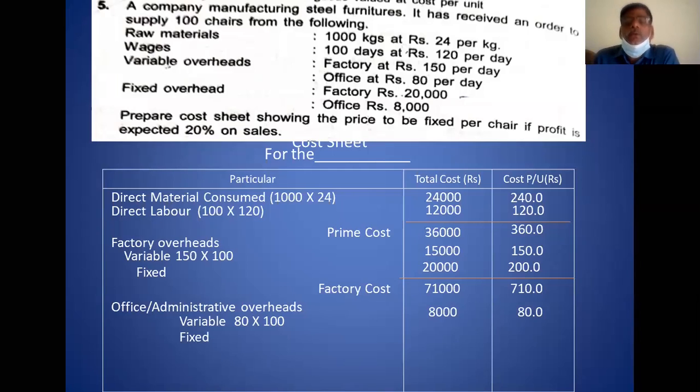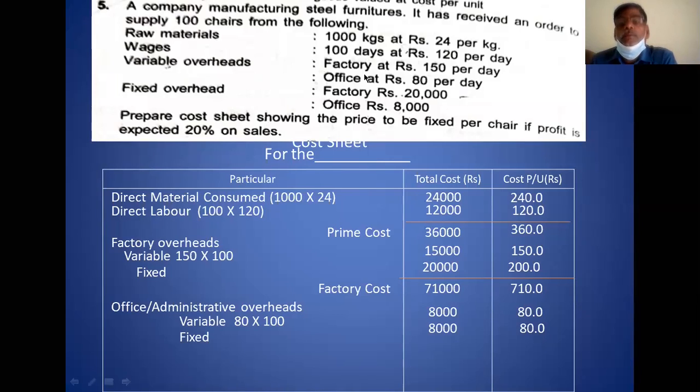Next, you take the fixed overhead. Fixed overhead relating to office is 8,000. 8,000 is the total amount. Divide by 100 chairs, you will get again 80 rupees per chair. Okay, like this, you take the variable and fixed. Remember, variable overhead is always based on per unit.